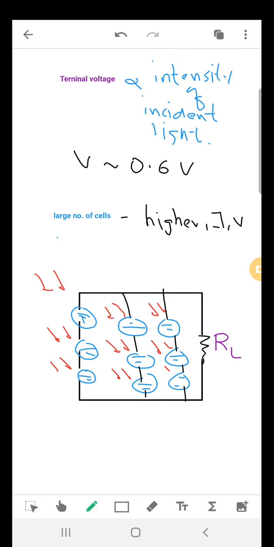The load is here. This is how the photovoltaic solar cell is arranged, and we can get a current through this device.